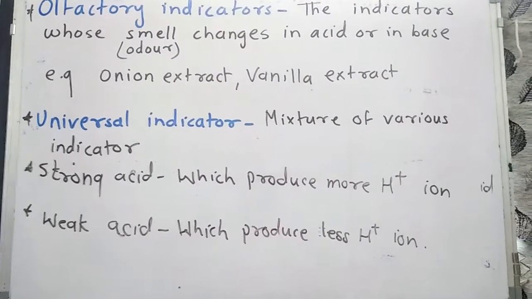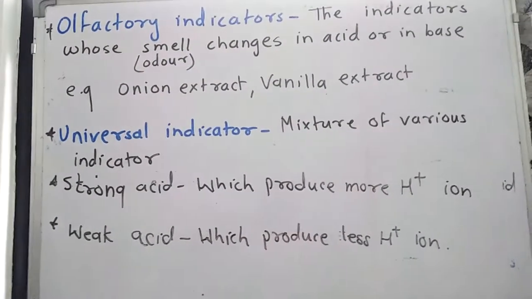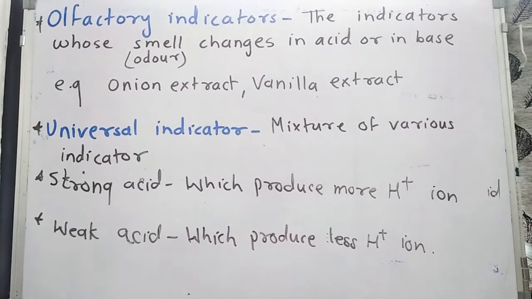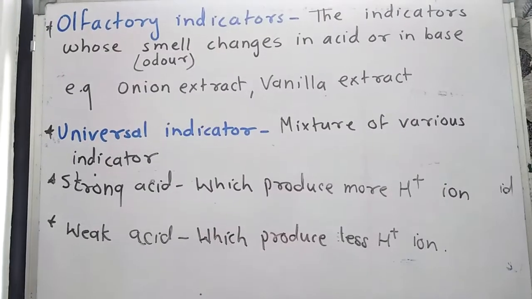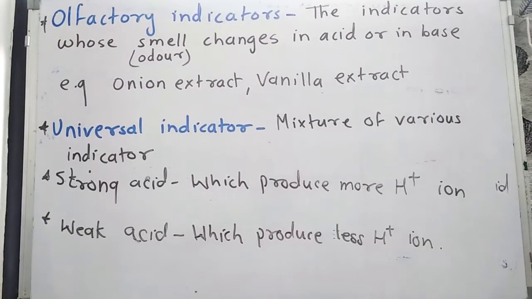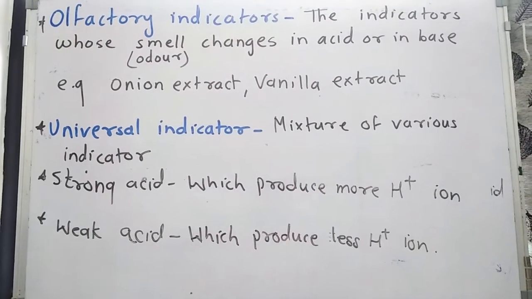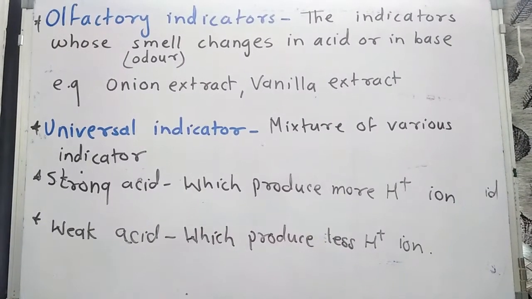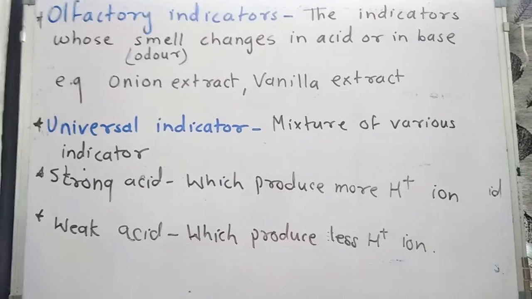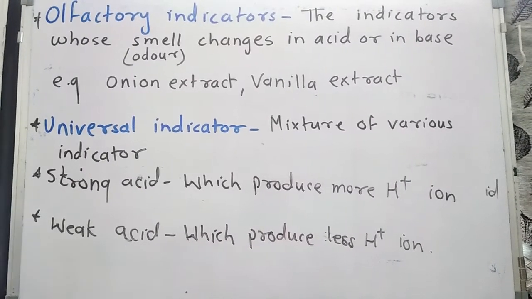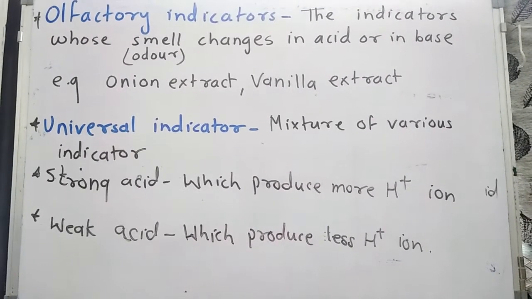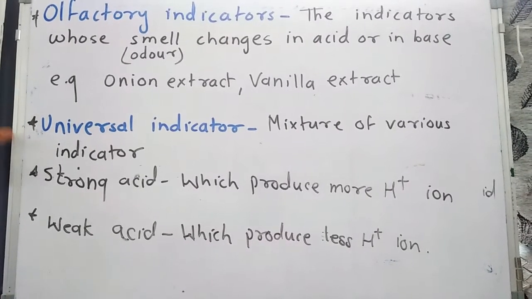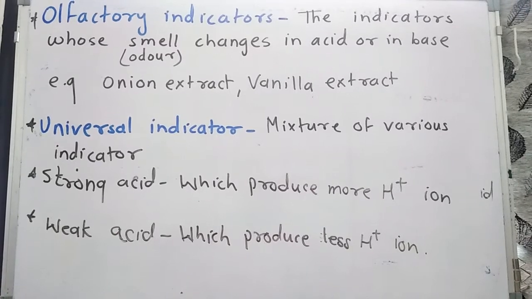Examples are onion extract, vanilla extract, eucalyptus oil or clove extract. When we add them to acid or base, they give different smells. Generally, for identification of acid and base and their values, we use the universal indicator. We have a detailed topic about the universal indicator.